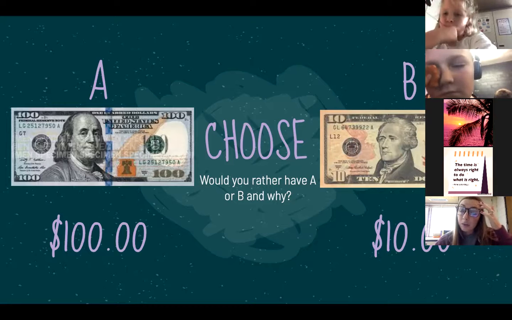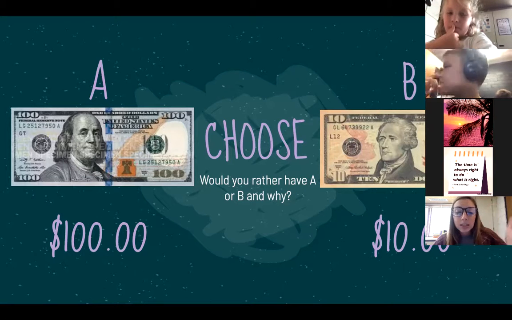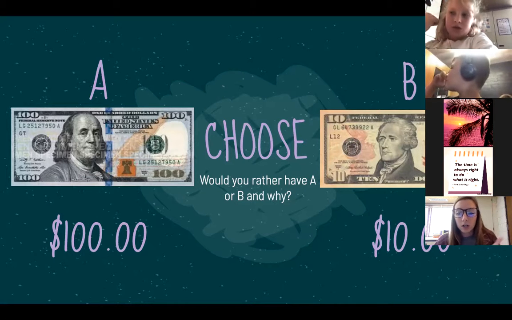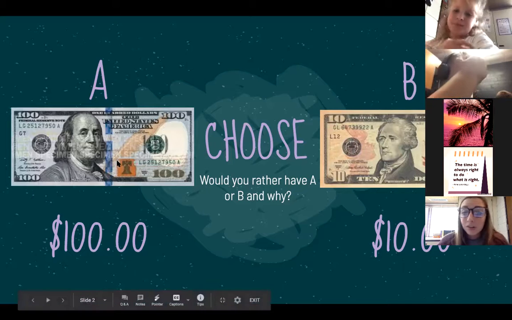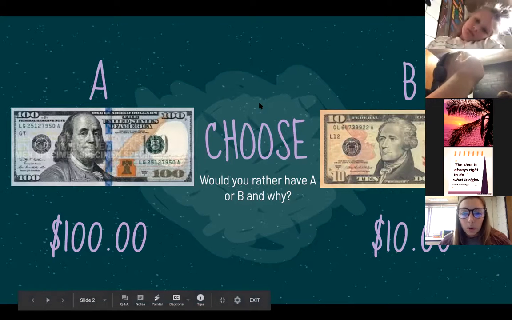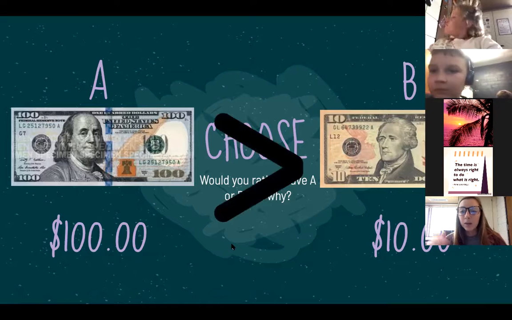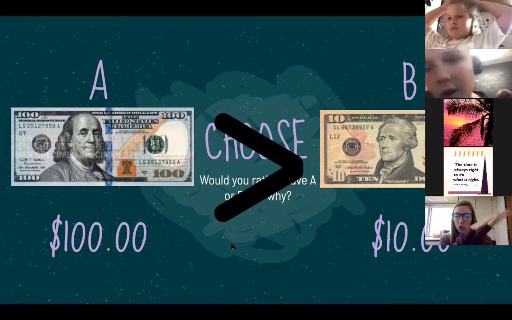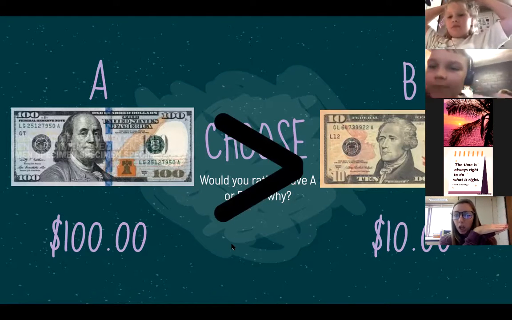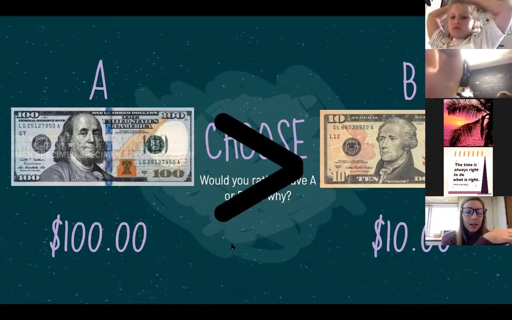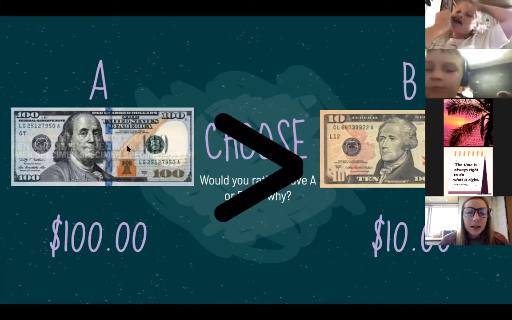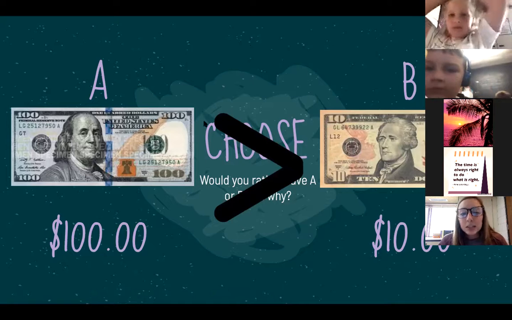Whenever you're thinking about your place value, just remember that the further left is larger. And that's what makes this $100 greater. And here's our comparison symbol just to help you remember that our alligator mouth chomps and eats the larger one because alligators are always super hungry and they want all the food they can get. So our alligator is eating the 100. So 100 is greater than 10.